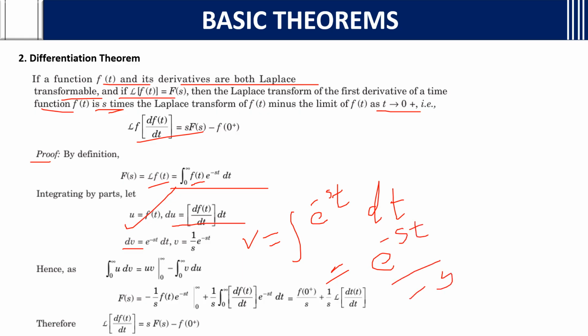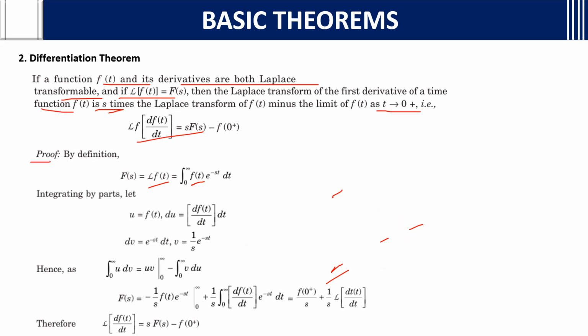So v will be equal to minus 1 by s into e power minus st.